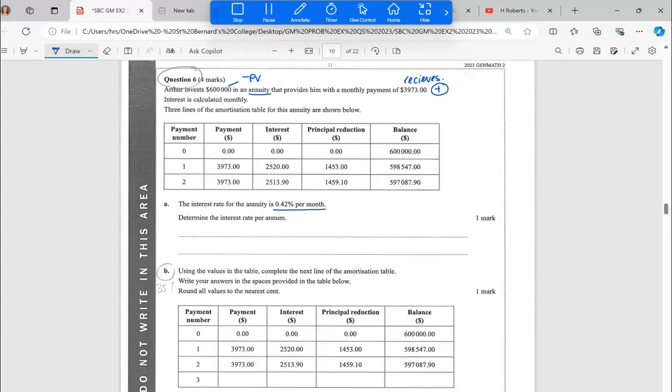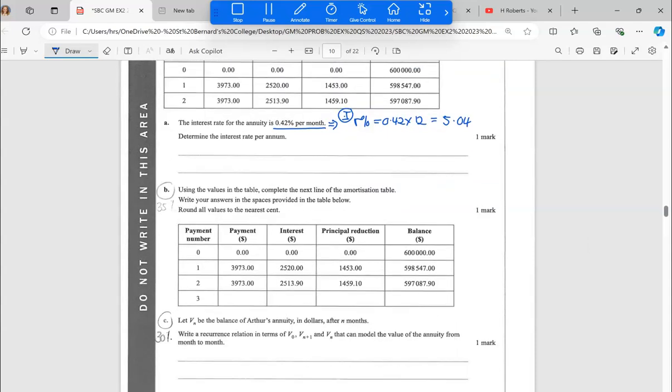They said the interest rate for the annuity is 0.42 per month. Because that's per month, that's the monthly rate. So the per annum rate would actually be 0.42 times 12, which is also the I in your finance solver. So just be careful: in finance solver, you'd have to put 5.04.